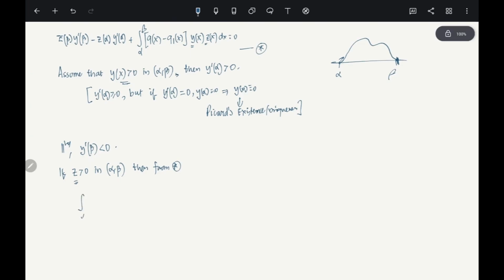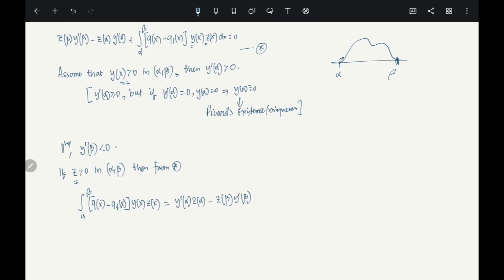It means that the integral from alpha to beta of q of x minus q1 of x, y of x, z of x should be y prime at the point alpha, z at the point alpha minus z at the point beta, y prime at the point beta. Okay, this is the case.